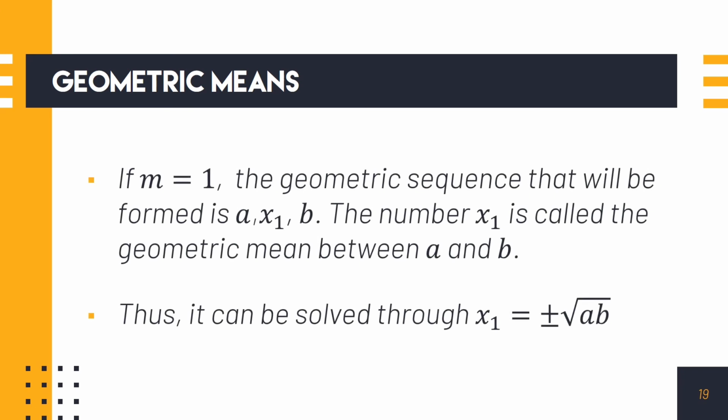If m is equal to 1, the geometric sequence that will be formed is a, x sub 1, b. The number x sub 1 is called the geometric mean between a and b. Thus, it can be solved through the formula x sub 1 is equal to positive or negative square root of the product of a and b.